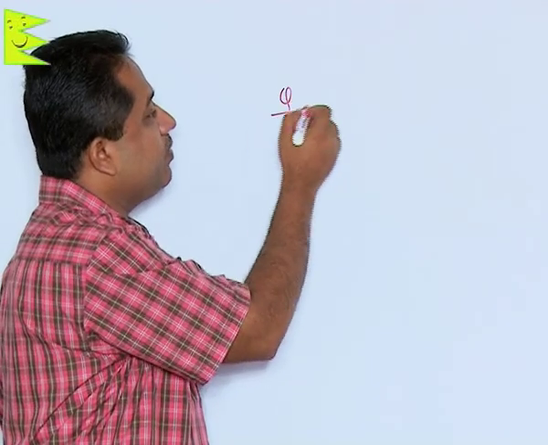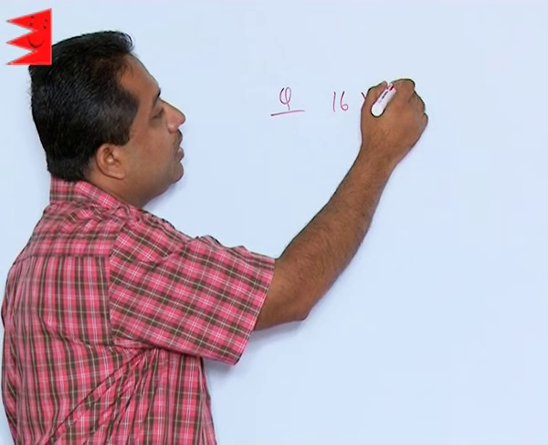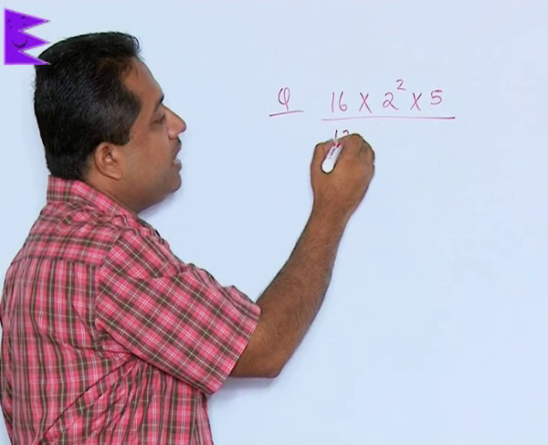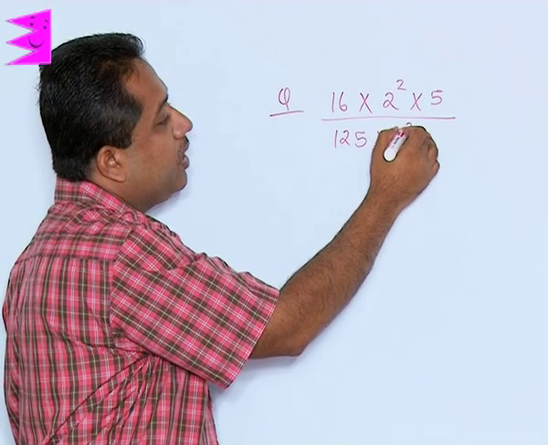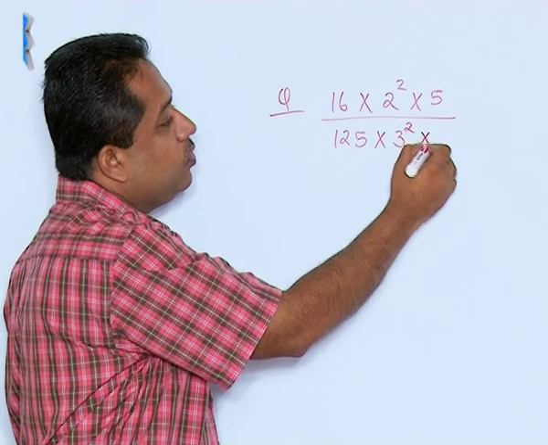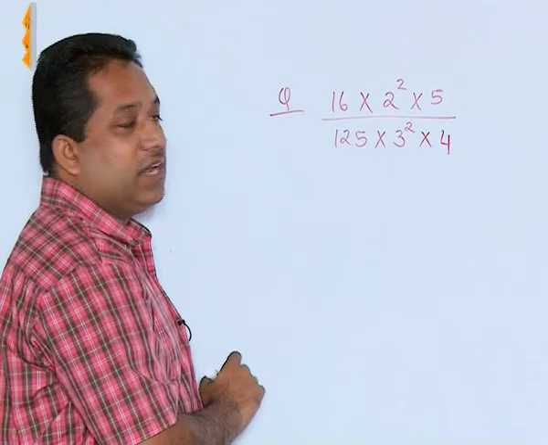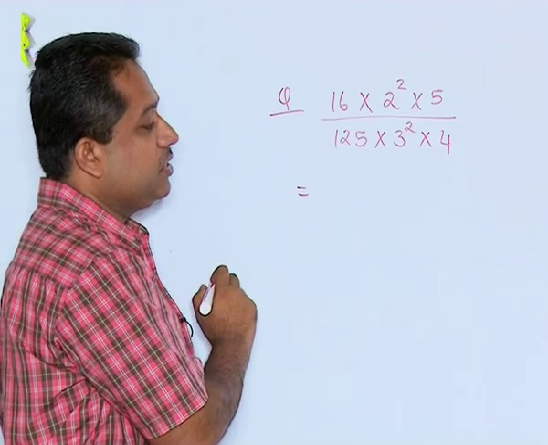Let's say we are having a question, 16 into 2 to the power 2 into 5 divided by 125 into 3 to the power 2 into 4. Now this is a question which has to be simplified. So here again there is a number 16.